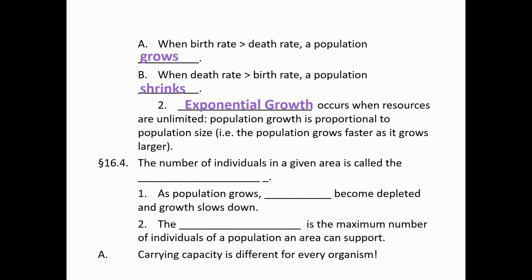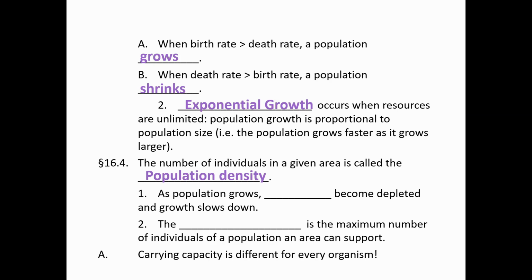You're seeing growth that seems to be slow at first, but once it gains speed, once it gains steam, then it grows very, very quickly. So basically the larger the population gets, the faster it grows. So growth is proportional to population size. As the population gets bigger, then the population grows faster.